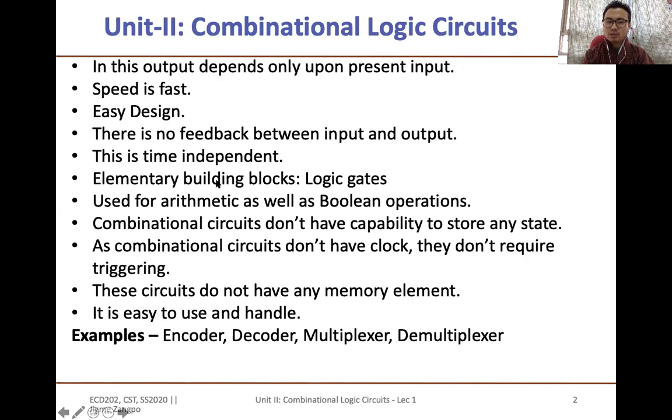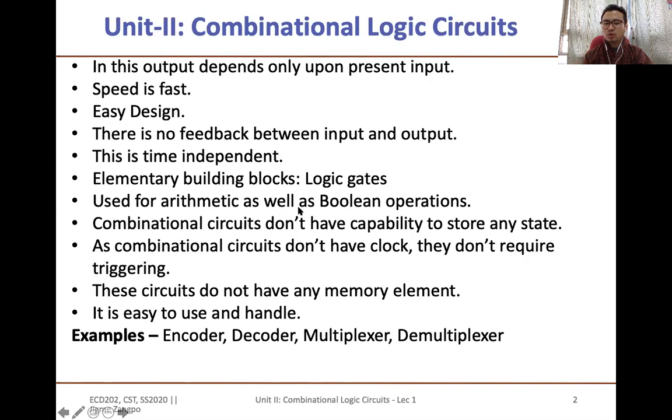The elementary building block used to build combinational logic circuits is the logic gate. So different types of logic gate are used in order to build different types of combinational logic circuit. The main purpose of combinational logic circuit is arithmetic as well as Boolean operation.